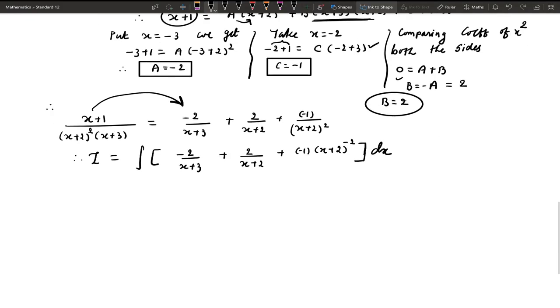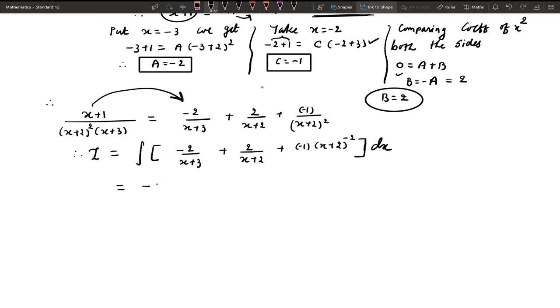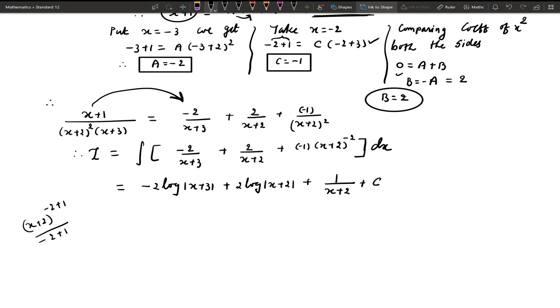Now term wise when we integrate, minus 2 log mod x plus 3 plus 2 log mod x plus 2, and here x plus 2 raised to minus 2 plus 1 upon minus 2 plus 1, so it will be minus minus plus 1 upon x plus 2, plus constant of integration.